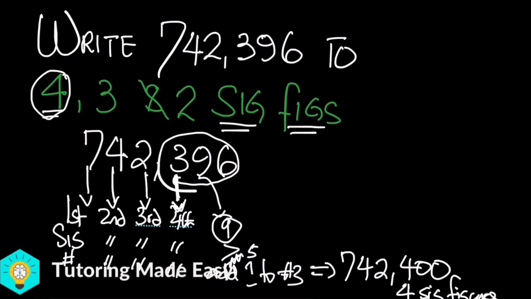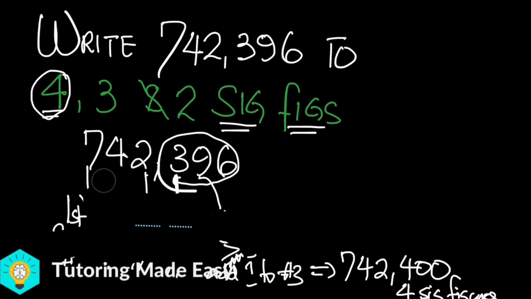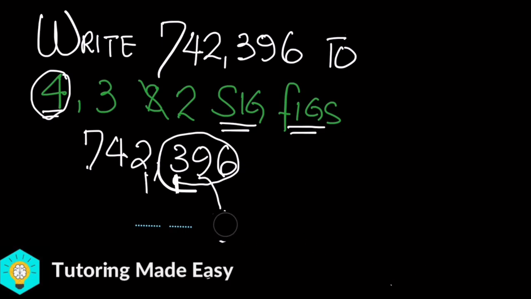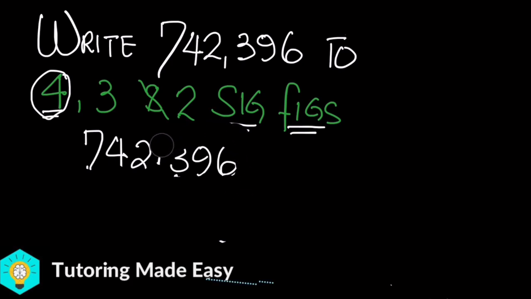Now, let's also go ahead and convert this to 3 significant figures, the same question. We've done it for 4 significant figures, but let's see how that works with 3 significant figures.